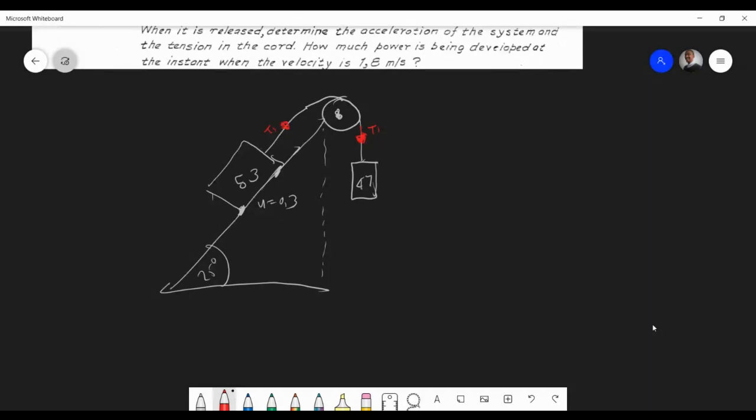We know we've got our mg sine. I'm just adding all the normal stuff here, so we all know your mg sine is over here. You've got your mg cos, obviously.